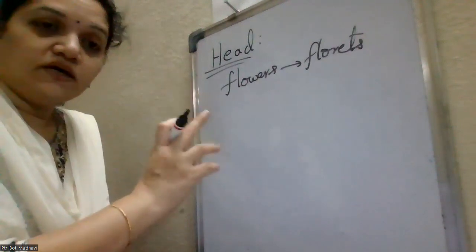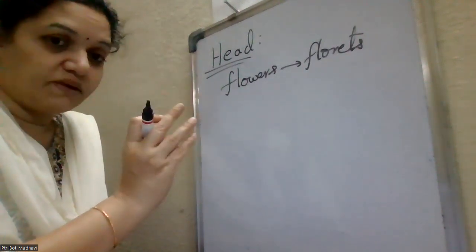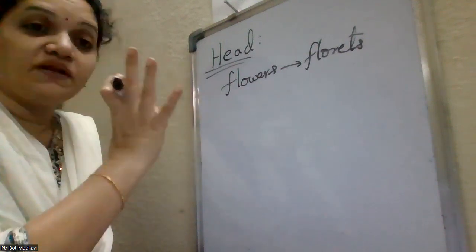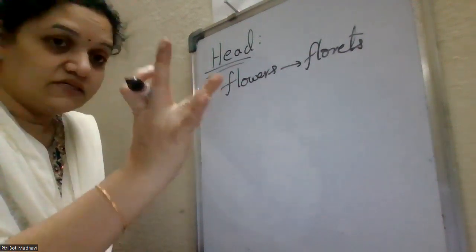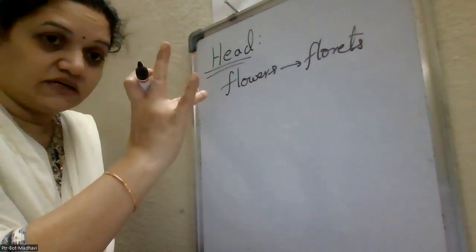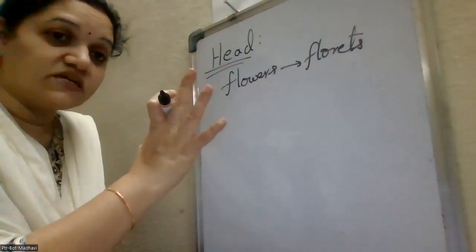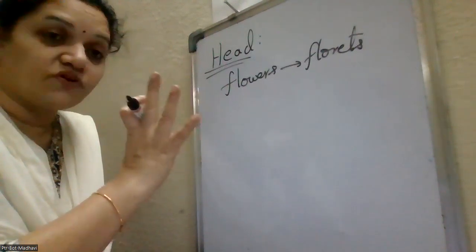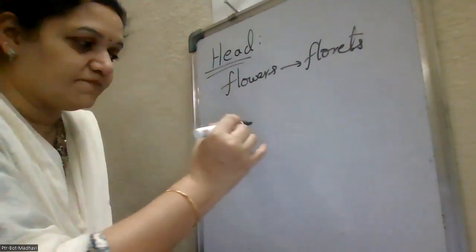So here the unisexual florets and the bisexual florets are present. The florets which are present at the periphery of the central disc-like peduncle, the inflorescence axis, those florets are called the ray florets.